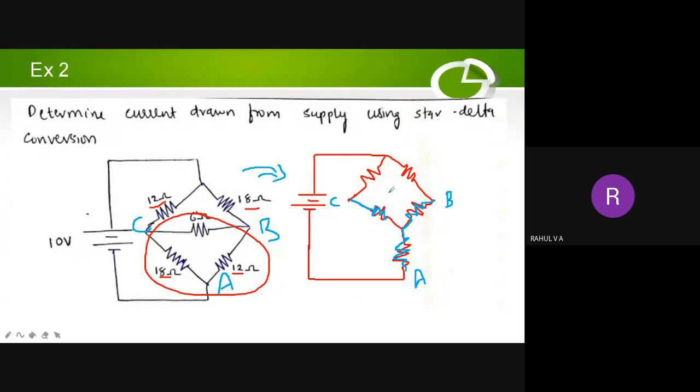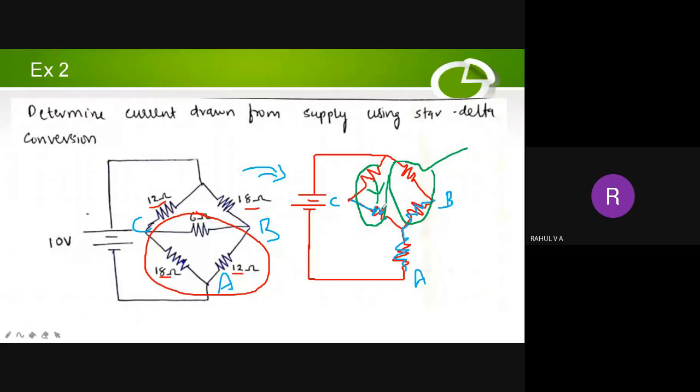Now, if you see this diagram, you can say that these two resistors are in series and these two resistors also in series. You can add both the values and the results will be parallel to each other.